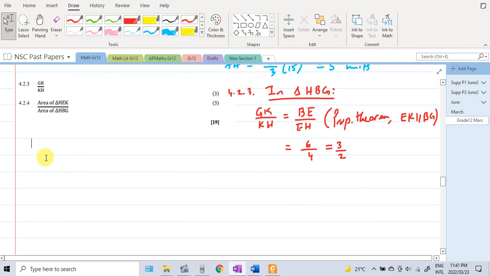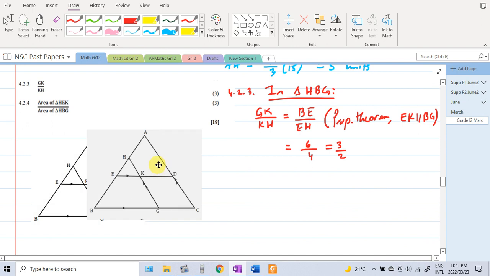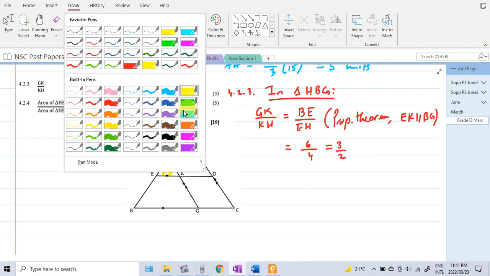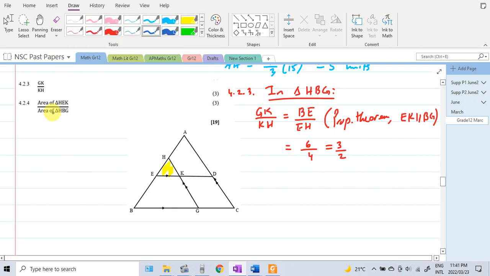On this triangle, we want the area of triangle HEK, the area of the small triangle here to the area of HBG. So it's the same triangle, a small triangle with a big triangle. The ratio of the areas.